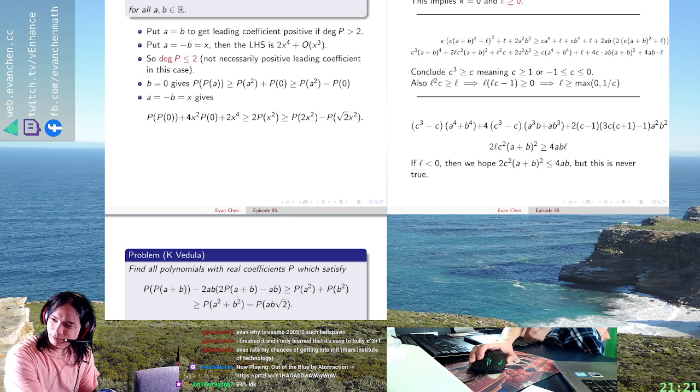Because this is a plus, right? We agreed this is a plus and not a minus sign. So it should be fine. As long as L is non-negative, right?